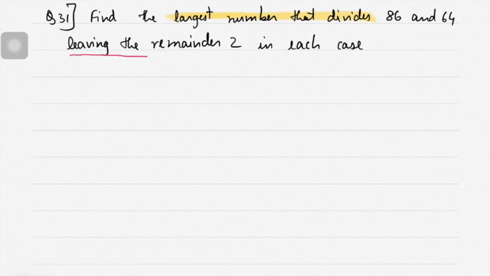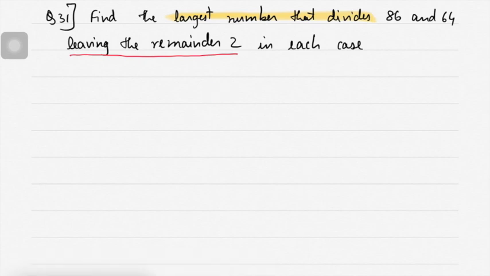But in the question they have also said leaving the remainder 2. If it is a factor, then the remainder would be 0. Now they have not asked for a factor, but with the help of calculating HCF we can calculate this.